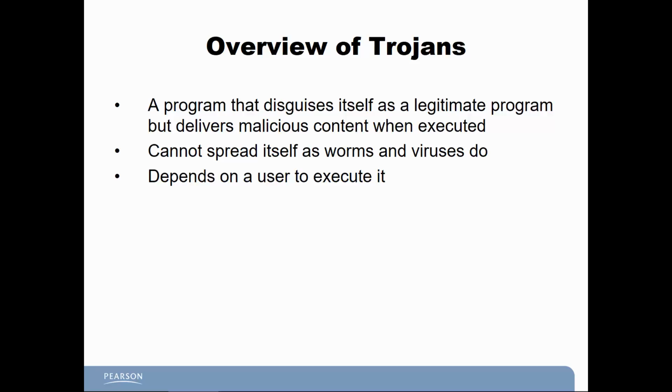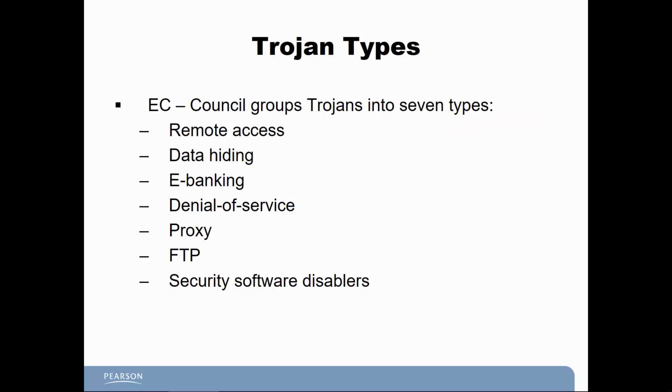It can be embedded into programs, web links, PDFs or other applications, but it has to be user executed, for example, embedding itself into a PDF and then you opening the PDF. Again, the big thing here is it pretends to be a legitimate program.